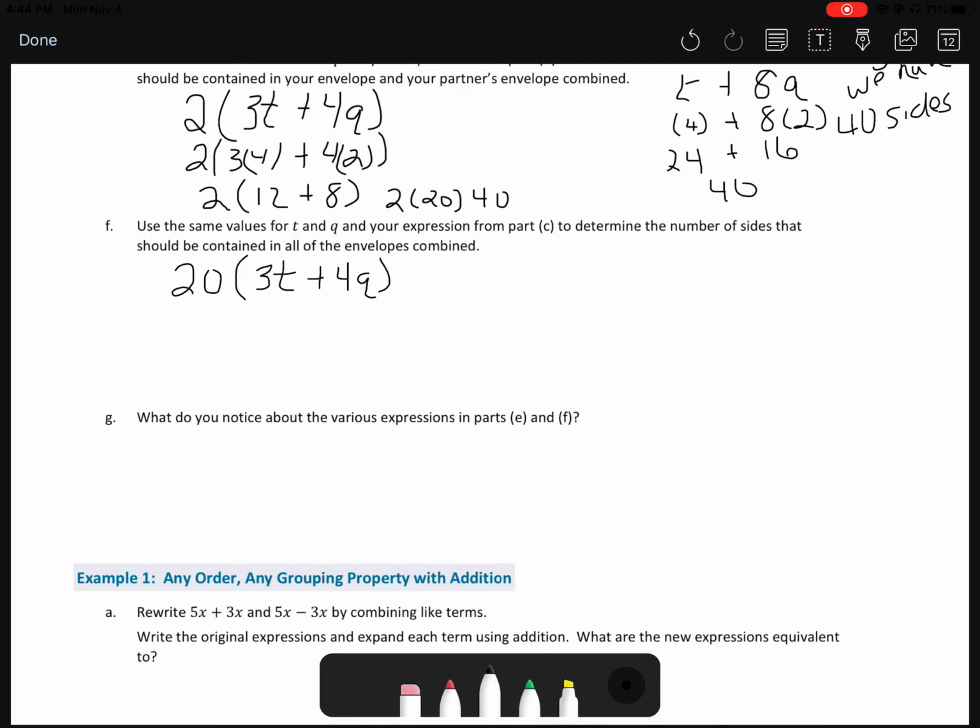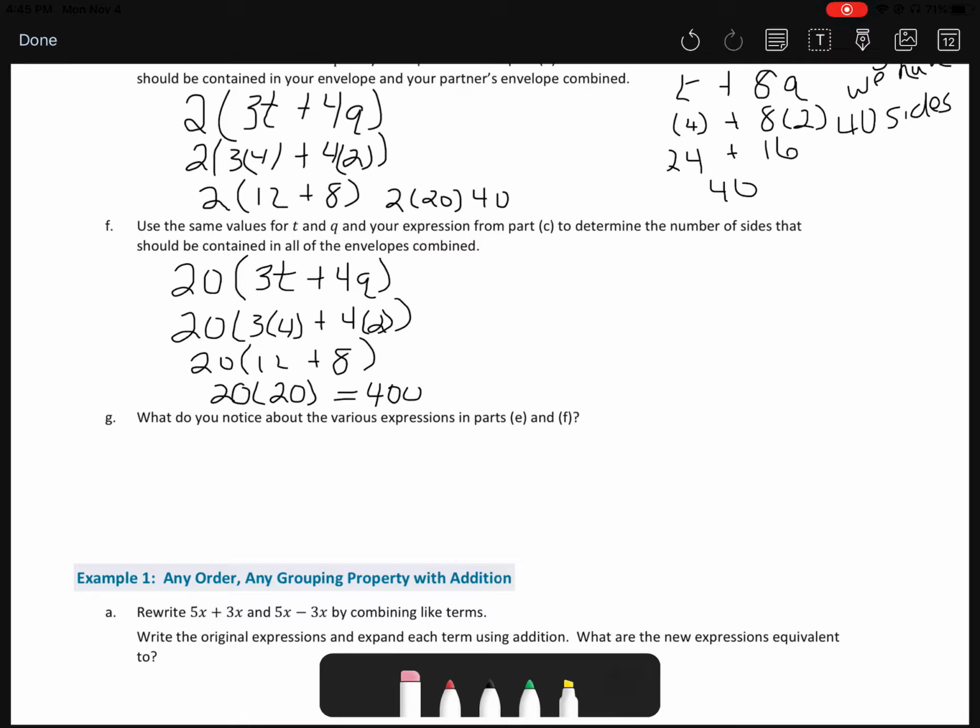So 20, 3 times 4 plus 4 times 2. So again, I'm going to do my multiplication. 3 times 4 is 12 plus 8. 20 times 20 equals 400.